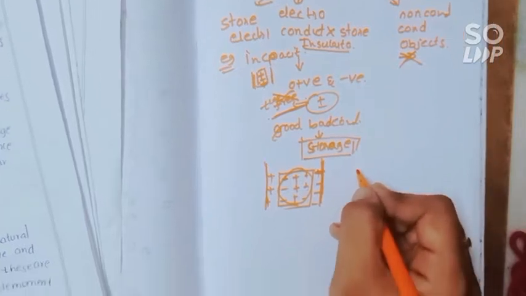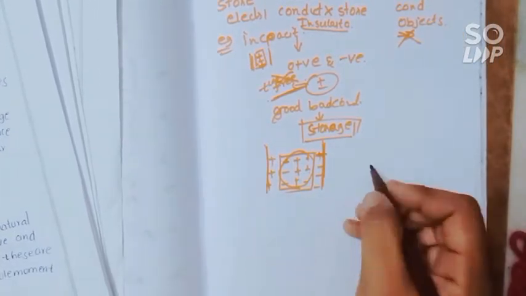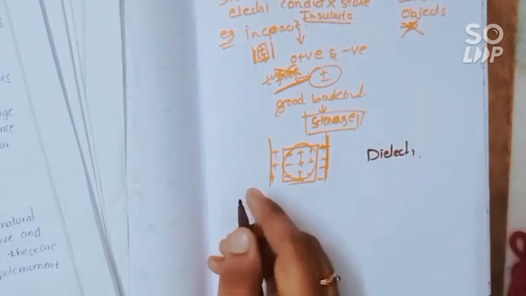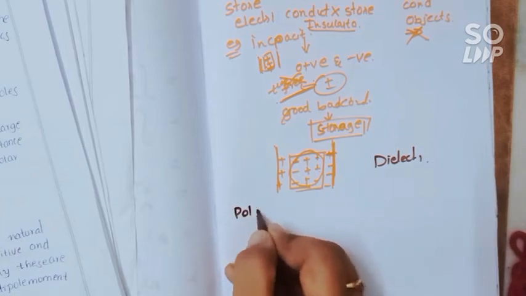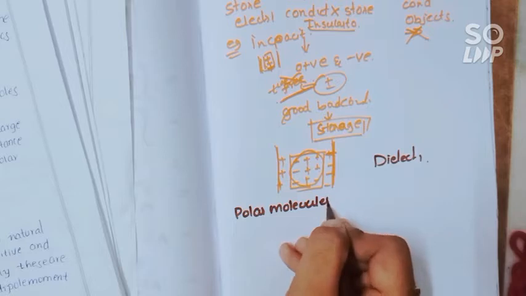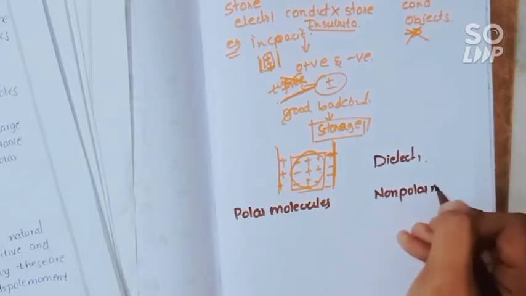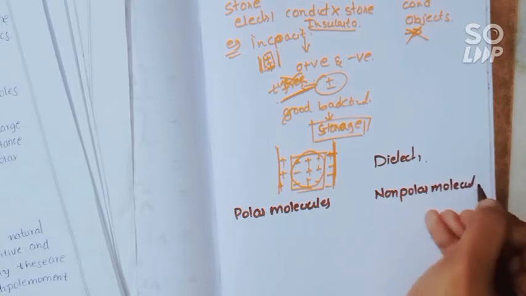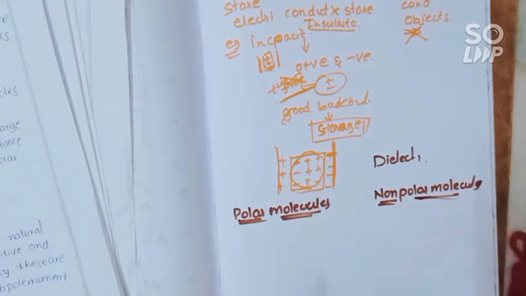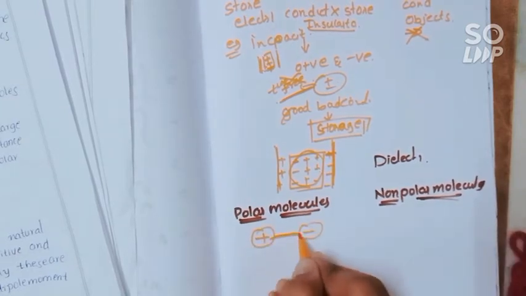Next, we need to know some basic concepts. First, we need to know about polar molecules and non-polar molecules. Whenever we are discussing polar molecules, the positive and negative charges are separated by some distance.